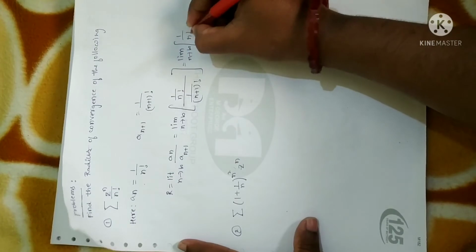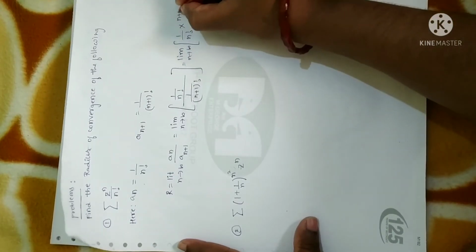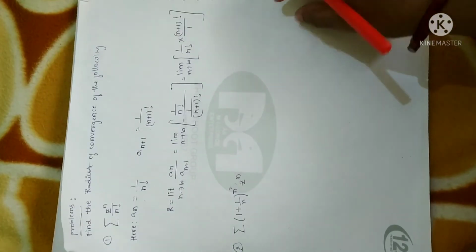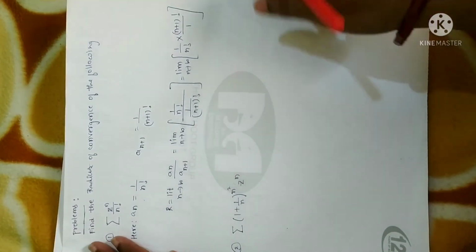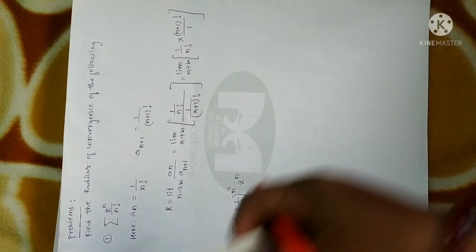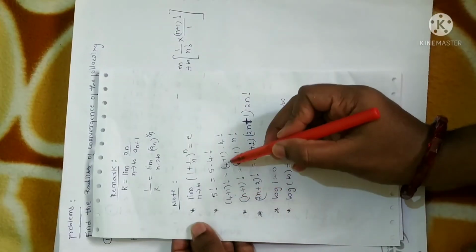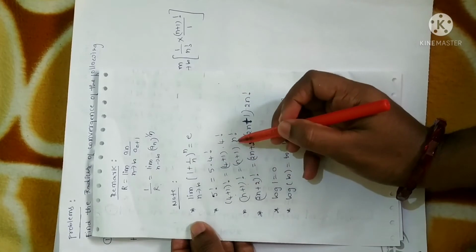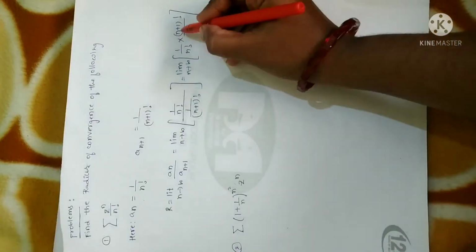Now on simplification, I can write this as limit n tending to infinity of 1 by n factorial into n plus 1 factorial divided by 1. Clear? Now, as I told you earlier, whenever I have n plus 1 factorial, see here I have given one counter example also. I can write n plus 1 factorial as n plus 1 into n factorial. That is one term decreasing.